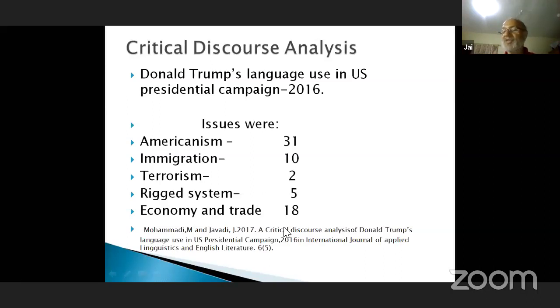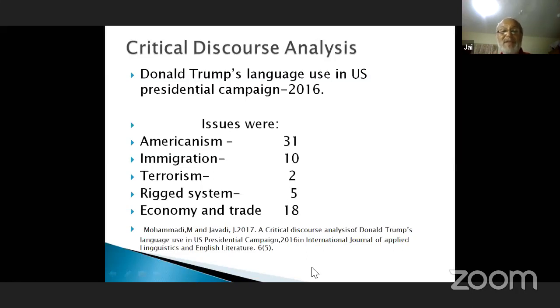Economy and trade, because he's a businessman, therefore he put much more emphasis on economy and trade. This was the article, you can download it. It's a wonderful article, a critical discourse analysis of Donald Trump's language use in the US presidential campaign 2016. The article was published in the International Journal of Applied Linguistics and English Literature, volume 6, issue 5.